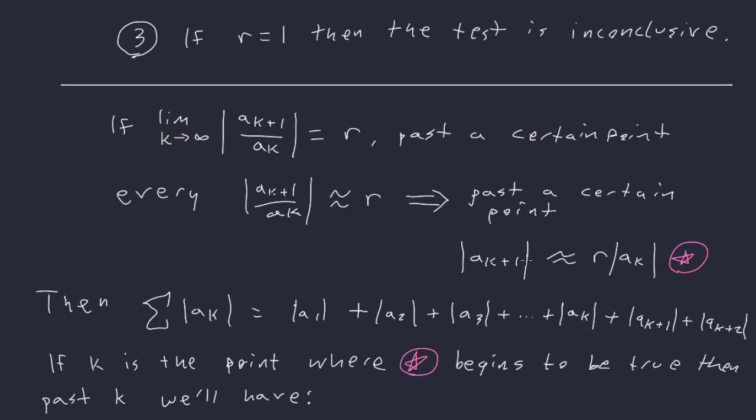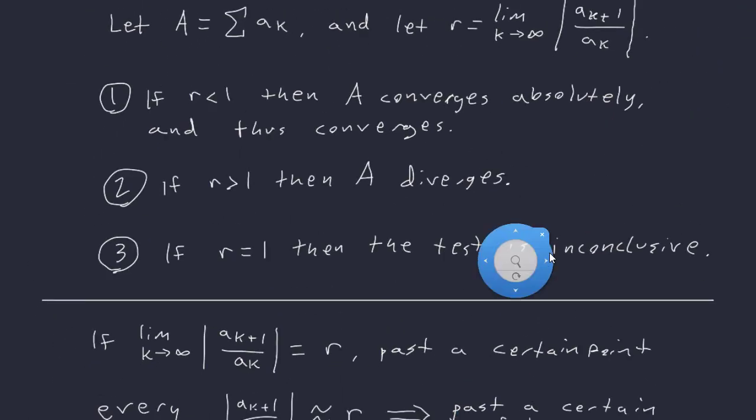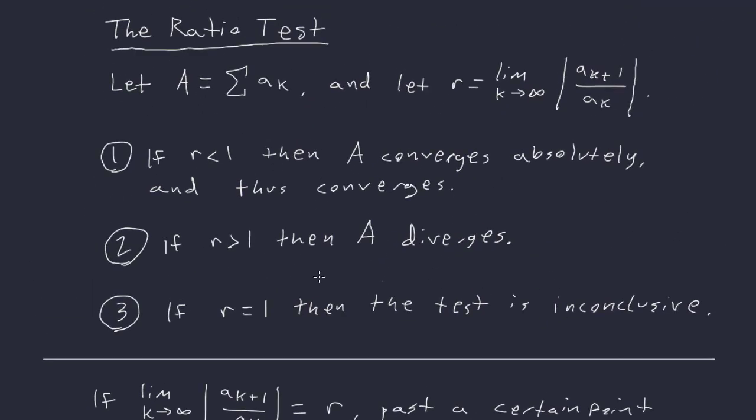So let me scroll back up to the rule. Okay, and I'll show why 3 is true just with an example, but to get started, if r is less than 1, then that's essentially what's happening. We can think of the series eventually becoming a geometric series. So in this case, a eventually becomes a geometric series.